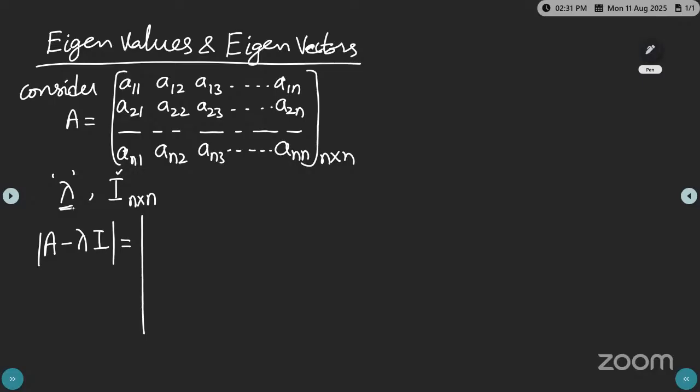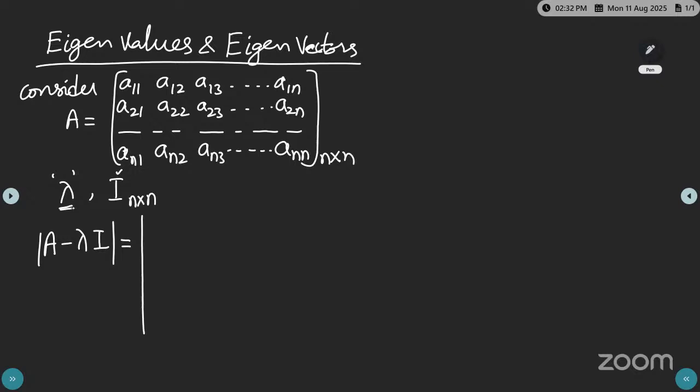Lambda is a parameter and capital I is an identity matrix of the same order as that of capital A. Then determinant of A minus lambda I.